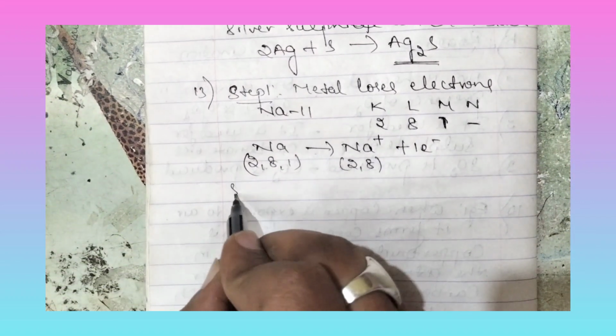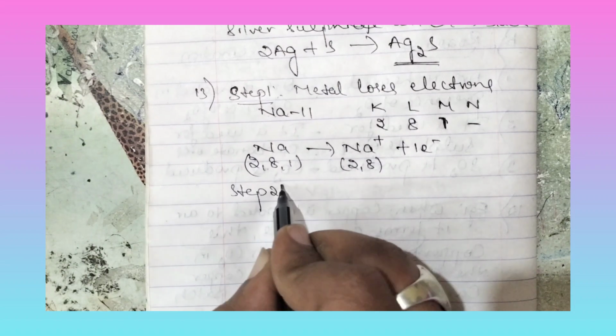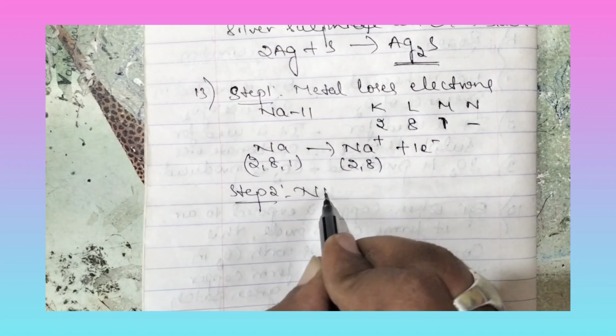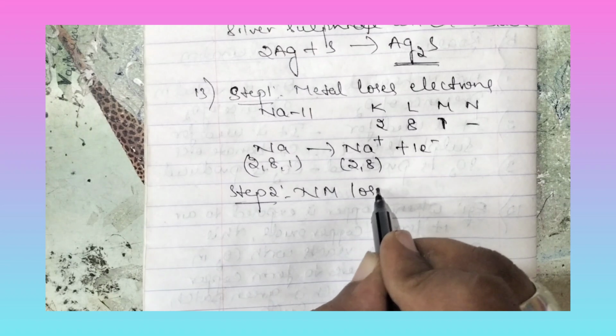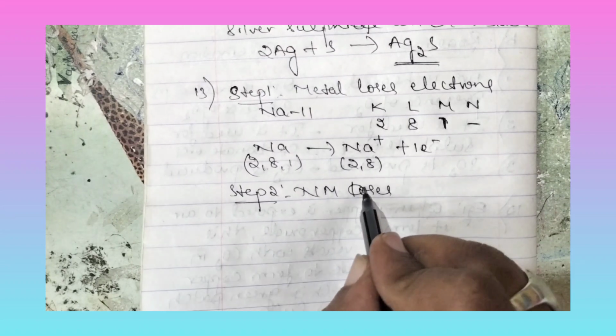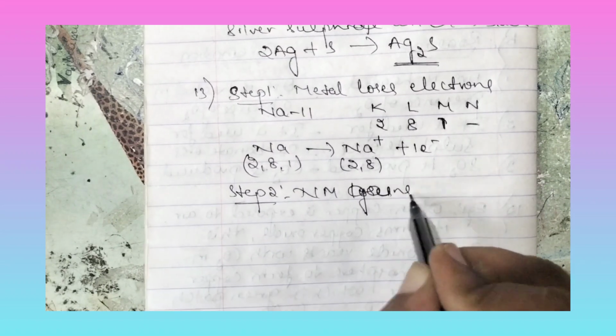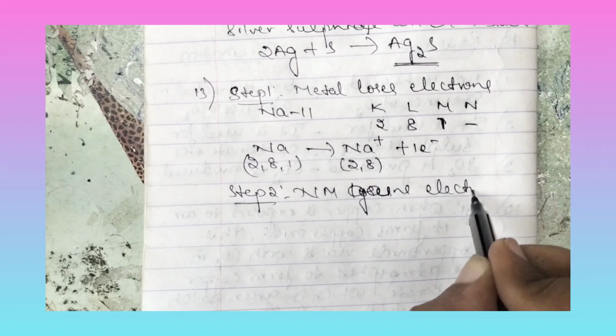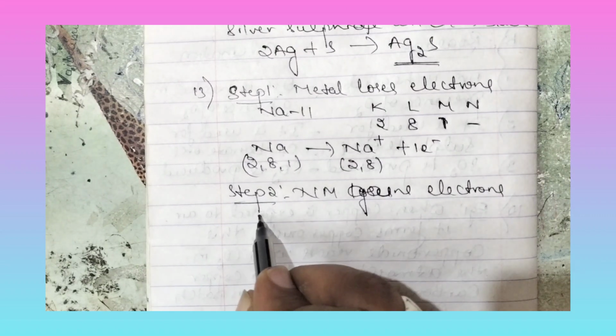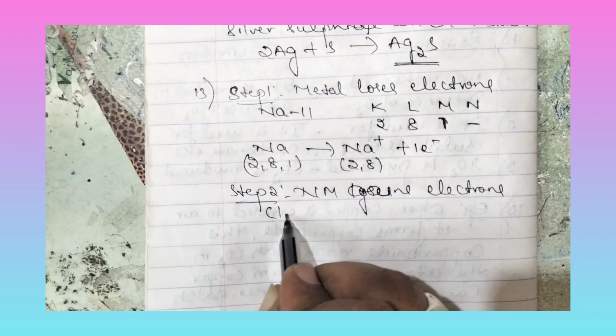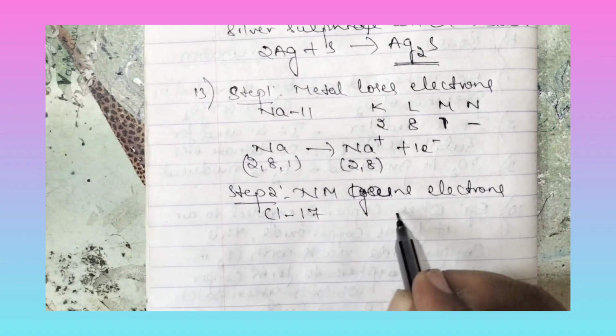Now let us move to step number 2. In step number 2, non-metal gains electrons. Here the non-metal is chlorine, having atomic number 17.